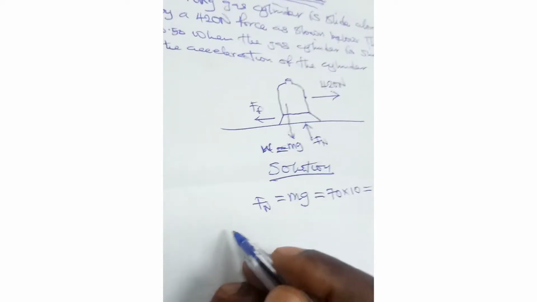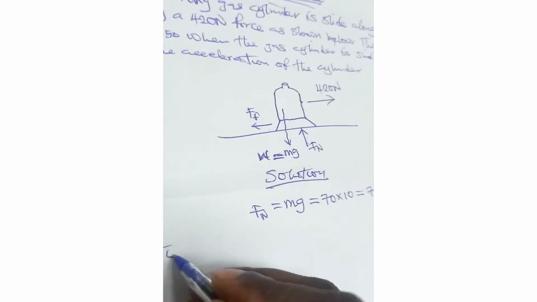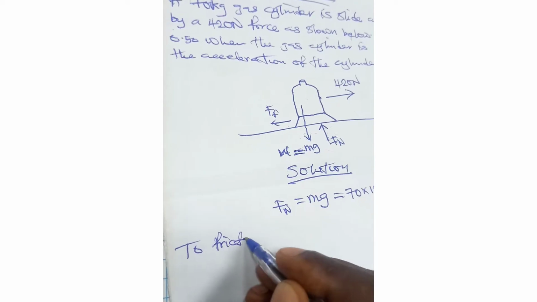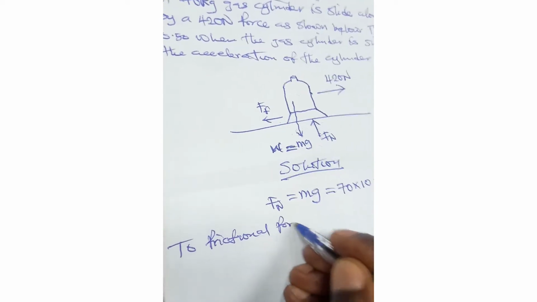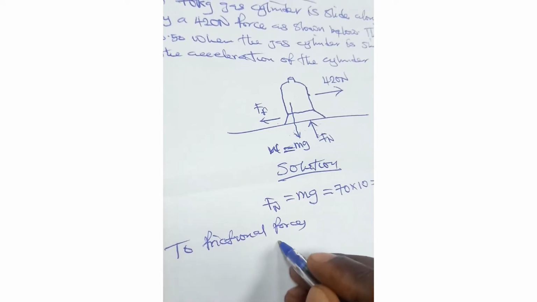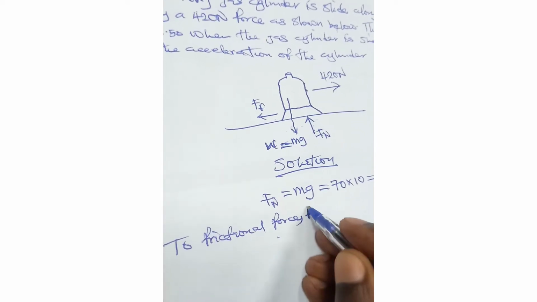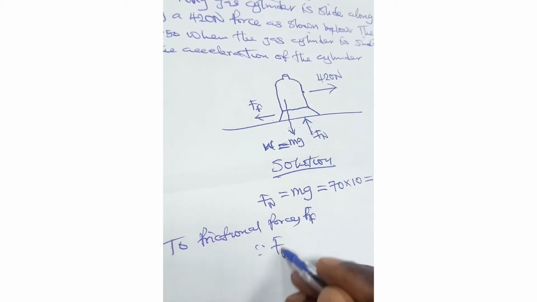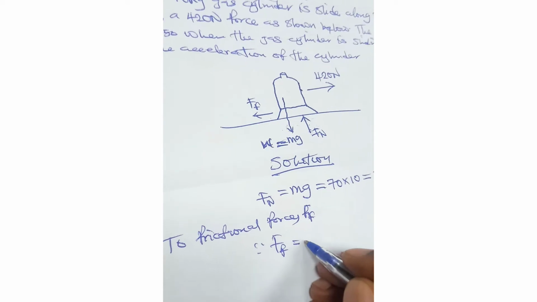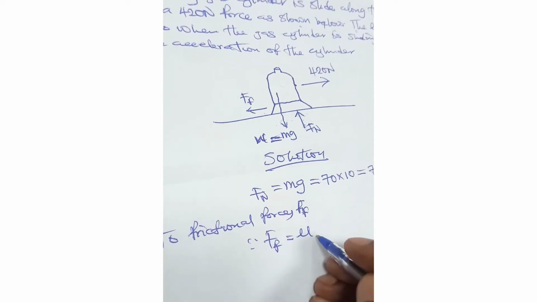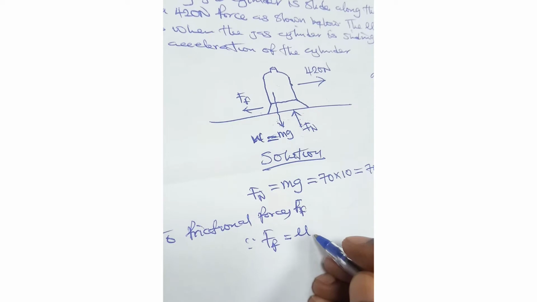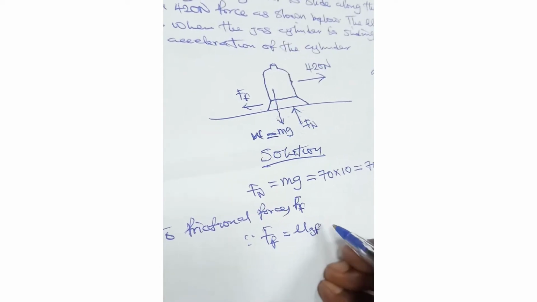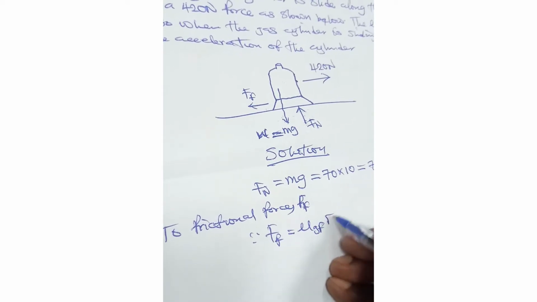Remember, to calculate frictional force, that is FF, you have your FF equal to the coefficient of friction between this gas cylinder and the floor, times your Fn.